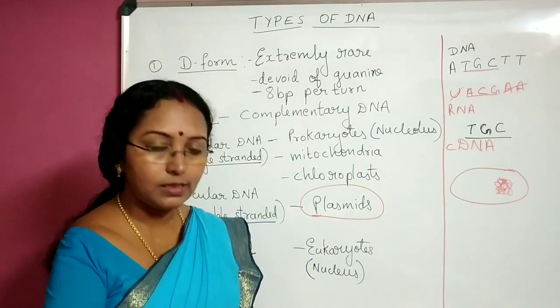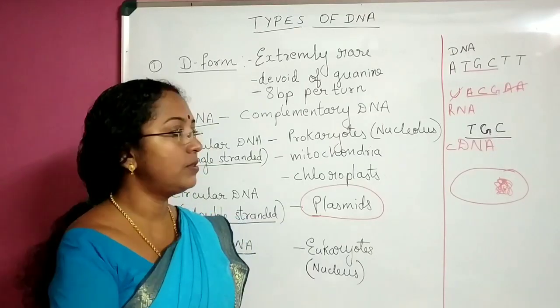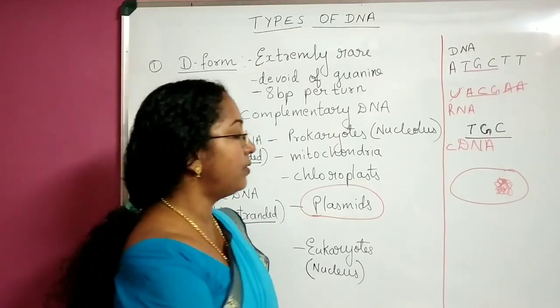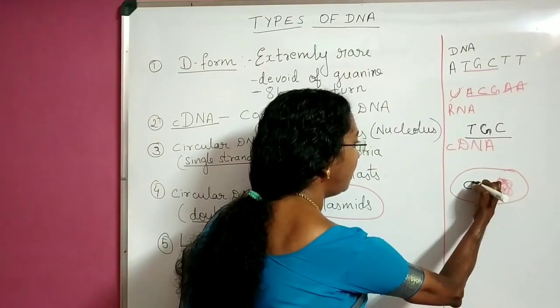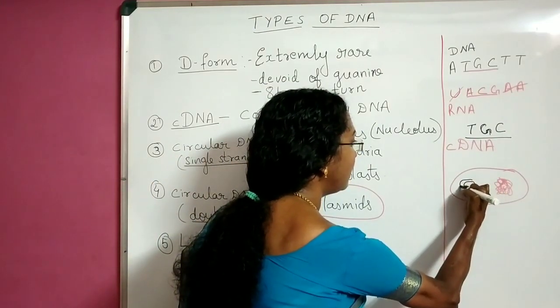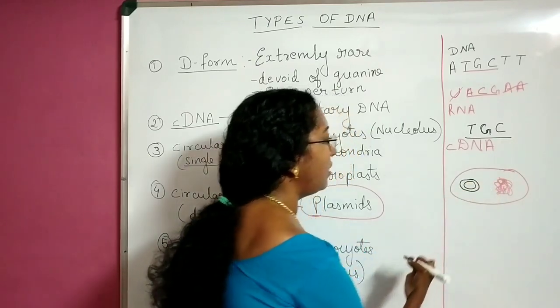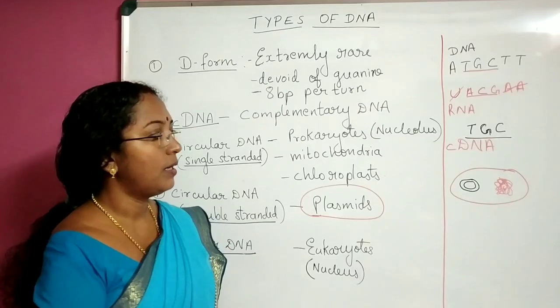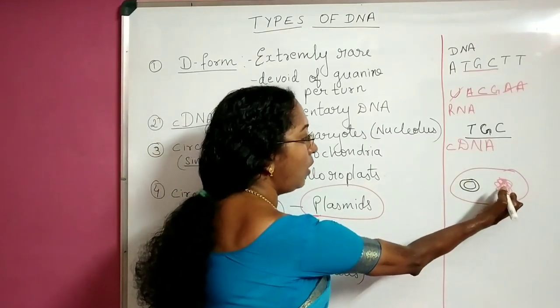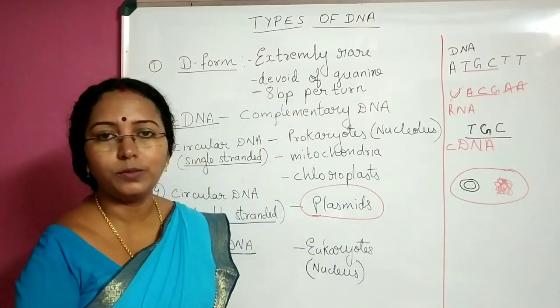Apart from this, some of the prokaryotes, not all, some of the prokaryotes, they have an additional double-stranded circular DNA. Okay, and this is found outside its normal chromosome, isn't it?